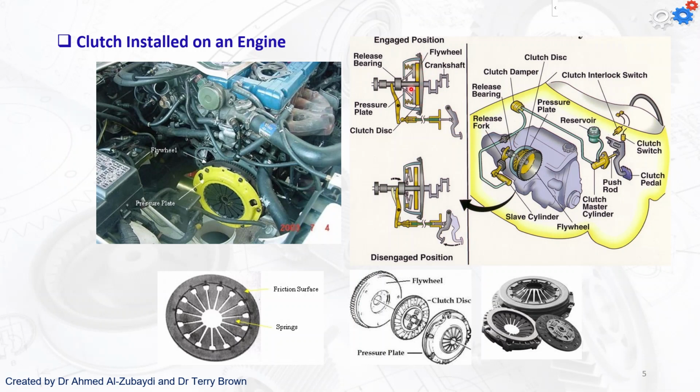So the pressure plate and the clutch disc are connected, and torque is being transmitted. When you push your foot on the clutch pedal, you disengage the clutch, so these springs deflect and pull the pressure plate away from the clutch plate.